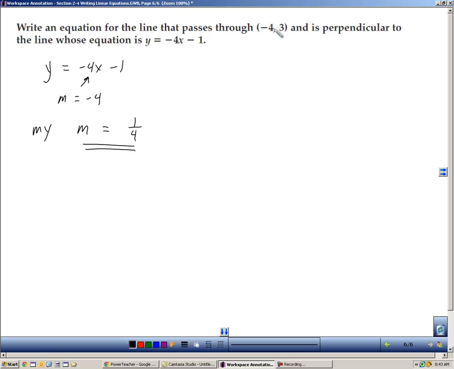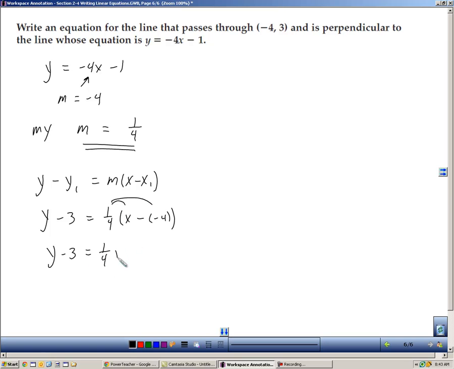I know it also goes through this point, so I'm going to use point-slope form. And I'm going to plug in my x and y from up here. So y minus 3 equals 1/4 times x minus -4. Minus a negative will end up being a plus for us. So y minus 3 equals, now I'm going to distribute the 1/4, 1/4 x, and remember that's a plus 4.